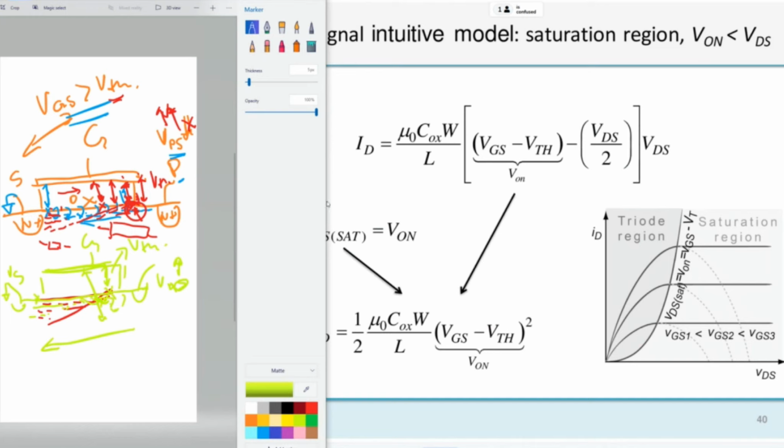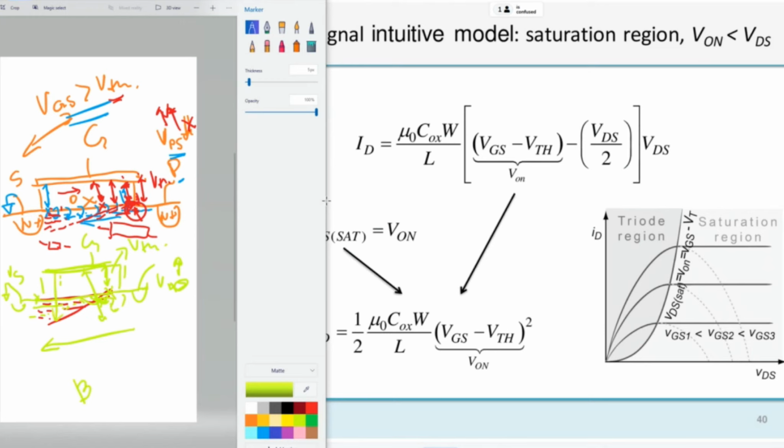They're in the depletion region, and they're pulled by the strong attraction force in the drain, the positive voltage here at the drain. So the difference of the behavior of electrons within the channel and outside the channel is that here all the electrons are contained within the channel, because the dominant electric field is the vertical electric field from the gate to the bulk. This electric field holds the electrons together.